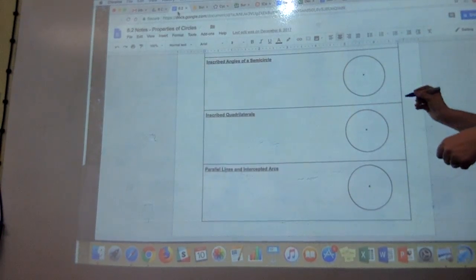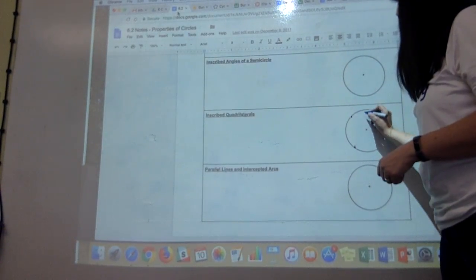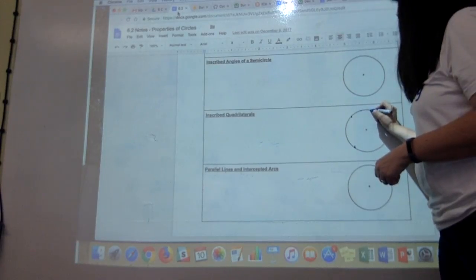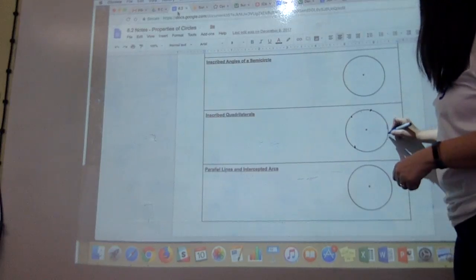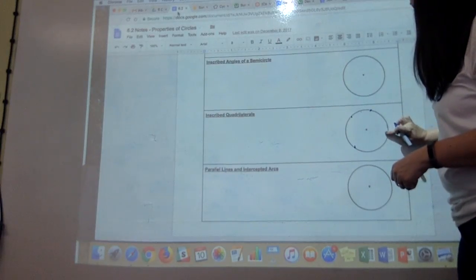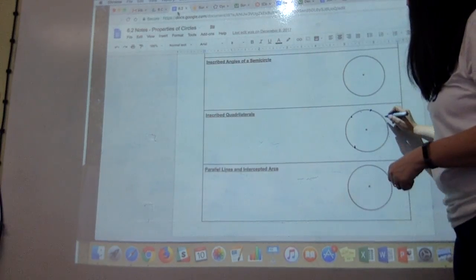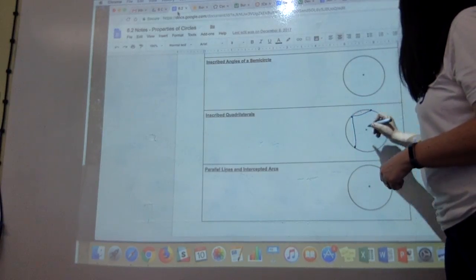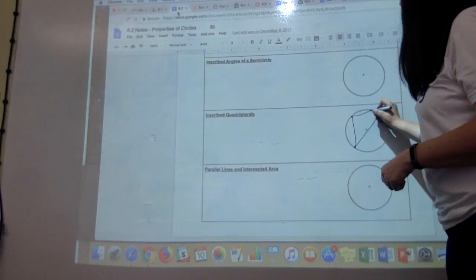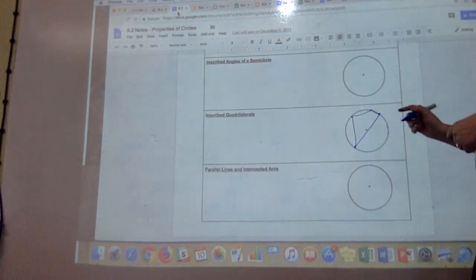So let's draw an inscribed quadrilateral where it's not obviously a trapezoid. Keep trying to not make it an obvious trapezoid. There we go.